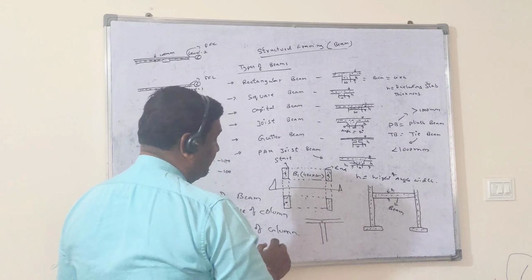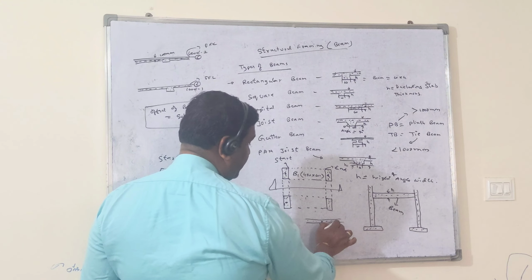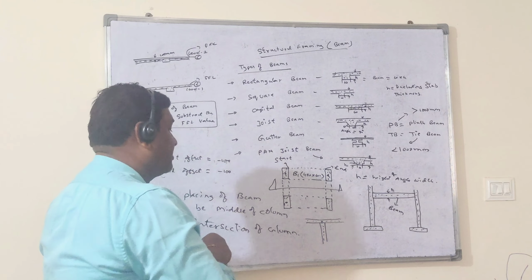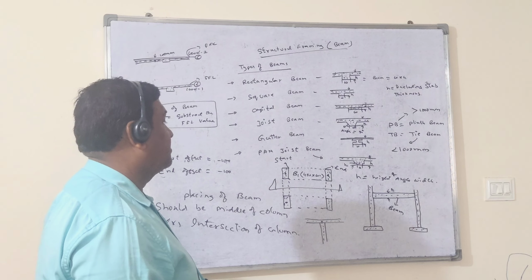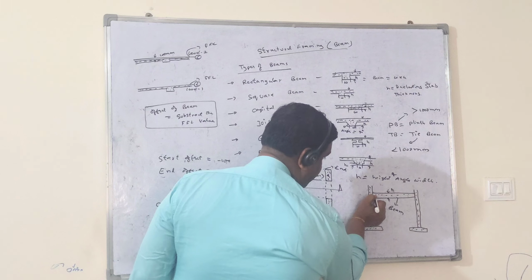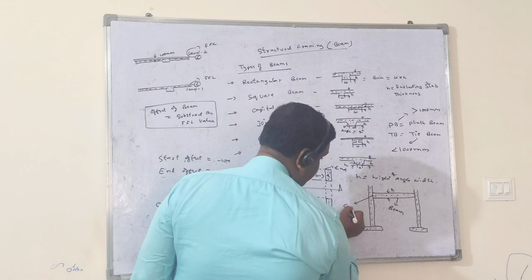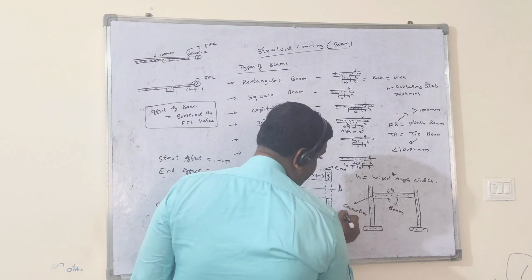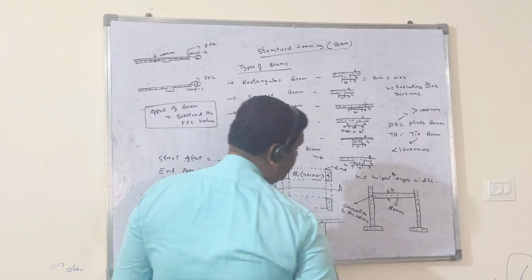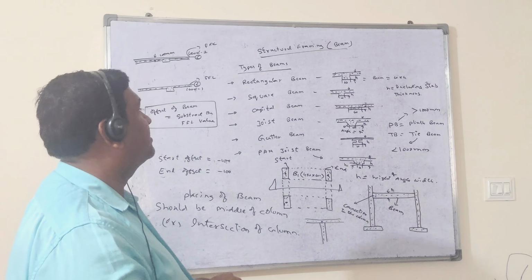So everywhere when you place the beam, you have to take the intersection point of columns or the middle of the columns. Because when you take the middle of the column, exactly there the connectivity, the connection to the column, will be there.